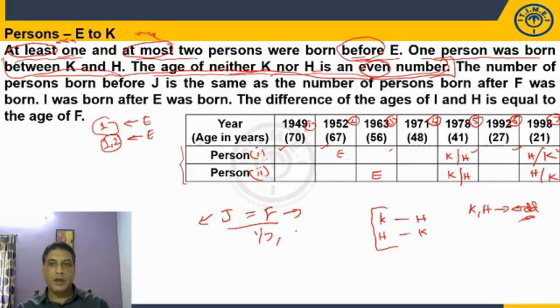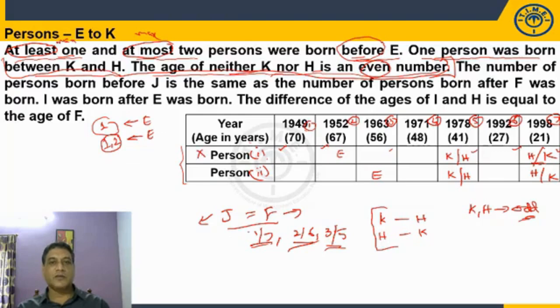They may be in 2 and 6. They may be in 3 and 5. In case 1, 1 and 7 is not possible because 7 is already occupied. 2 and 6 is not possible because 2 is already occupied. 3 and 5 is not possible because 5 is already occupied. So this case is ruled out.